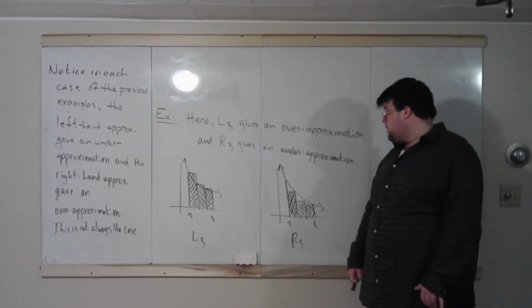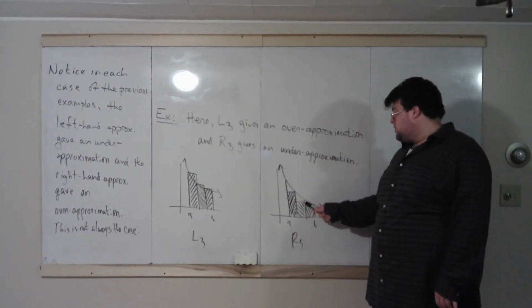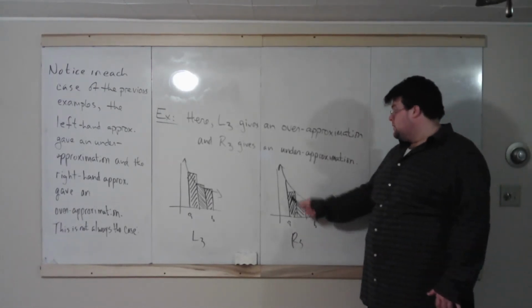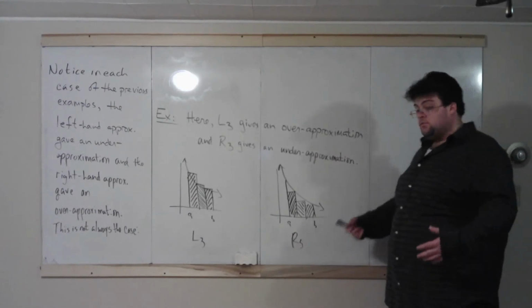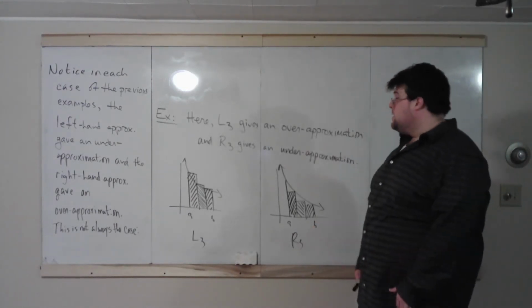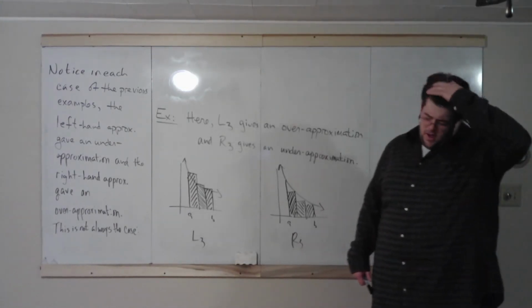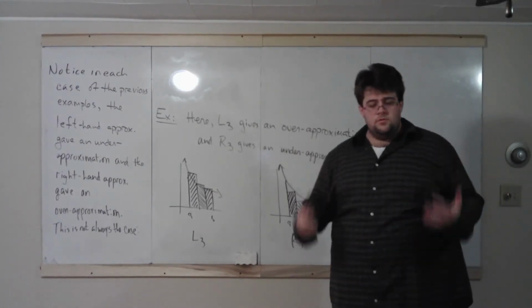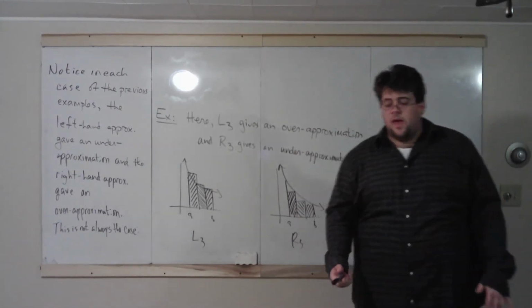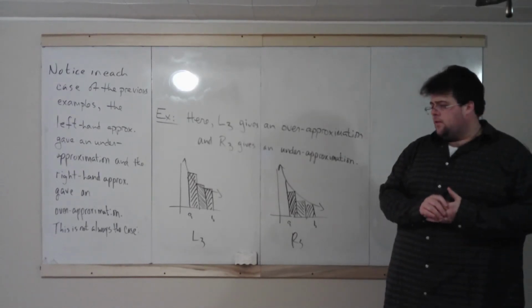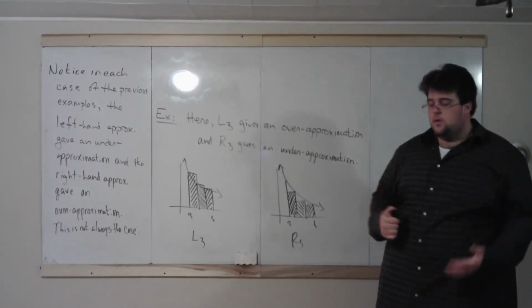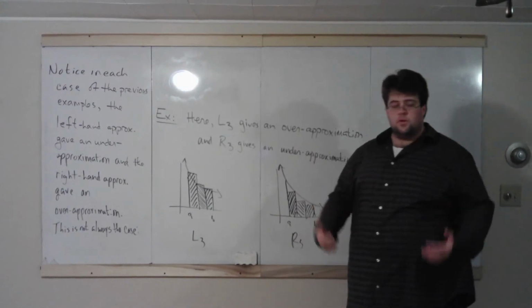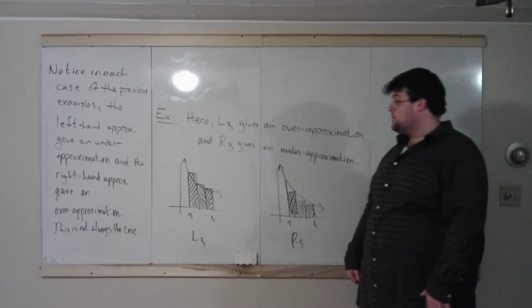It'll show you how these error terms go away as you use more rectangles. So definitely use that link and look at it. That visual is among the more important things you cover in a calculus class.